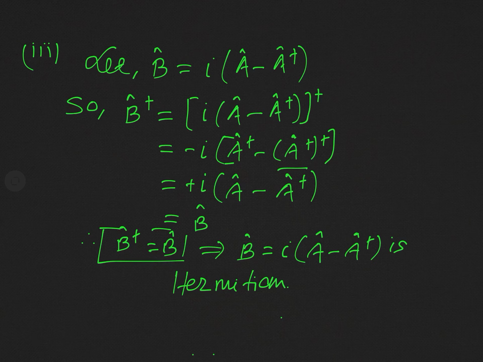So you can see, following the rules we have learned, we can easily solve this type of problem. Now let us take another example to clarify our concept. We will take another very important example. So this is example number 4.